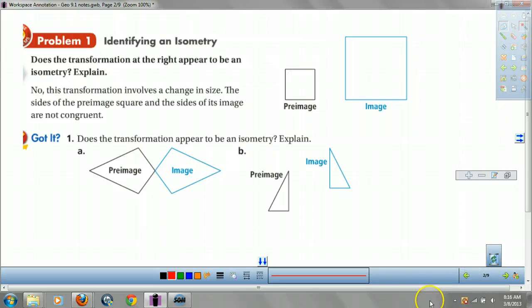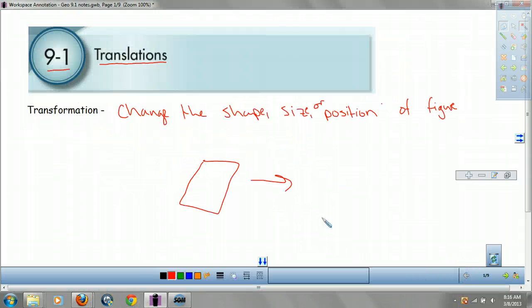Alright, let's talk about isometries, guys. Oh no, I don't have that one over here. You have to add that in somewhere.